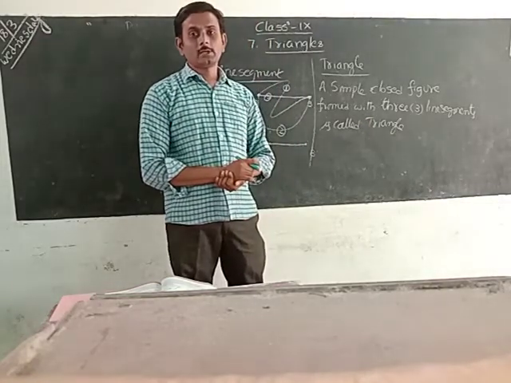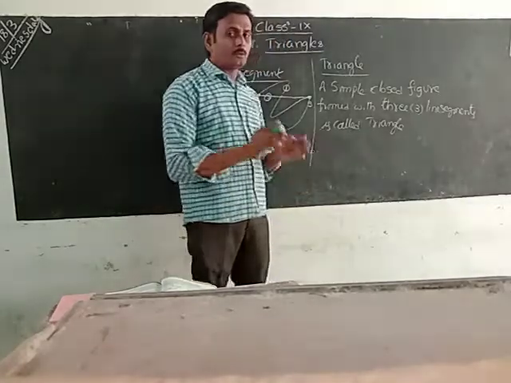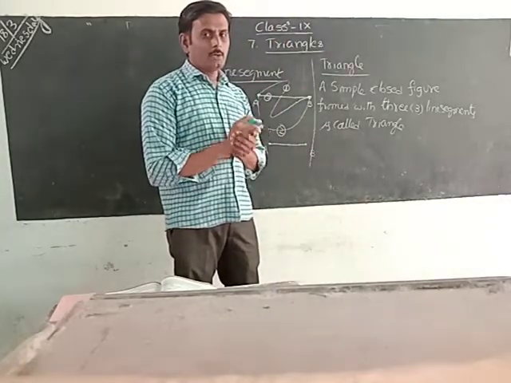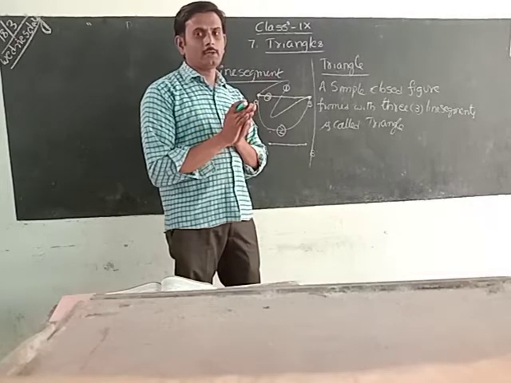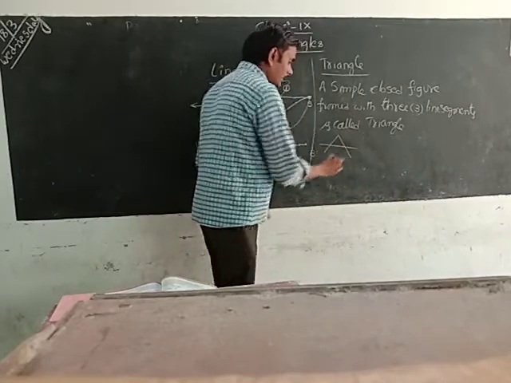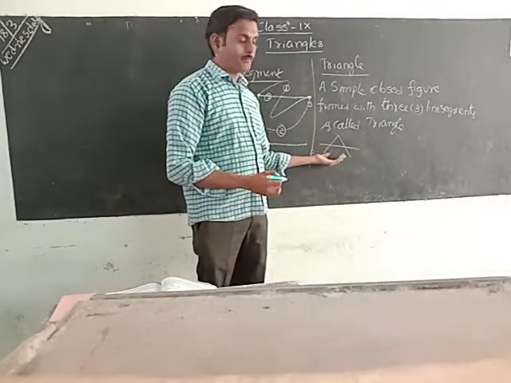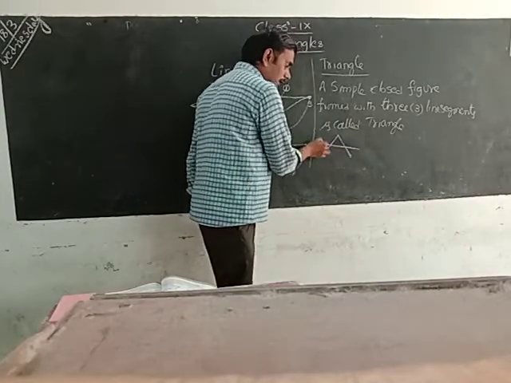Those 3 line segments, while joining, we have to join only at the ends. The endpoints only have to join. Then only we will get the simple closed figure. For example, if you join like this, it is not a closed figure. This is 1 line segment, this is 1 line segment, this is 1 line segment.